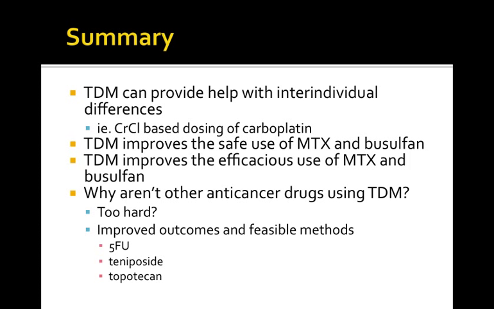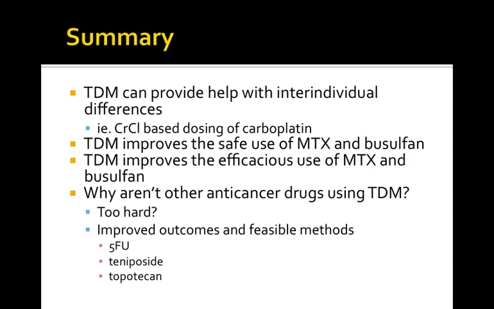So if it's cleared by the kidneys and we have renal impairment, you can make adjustments, which we do for most drugs. But it is really going to be important in these very toxic chemo drugs. We know that therapeutic drug monitoring improves the safe use of both methotrexate and busulfan, and it improves the efficacious use of these drugs. Why don't we use it more often?